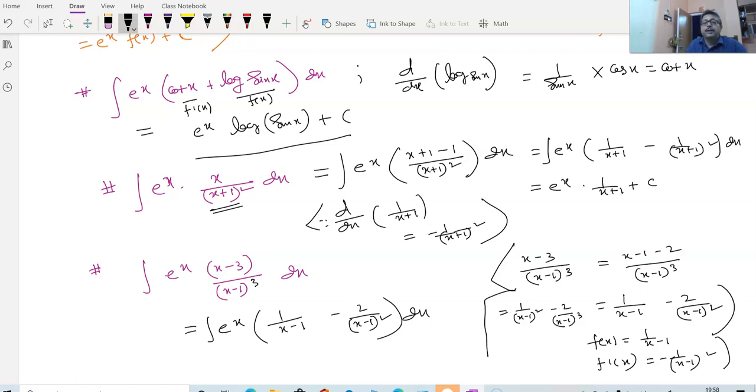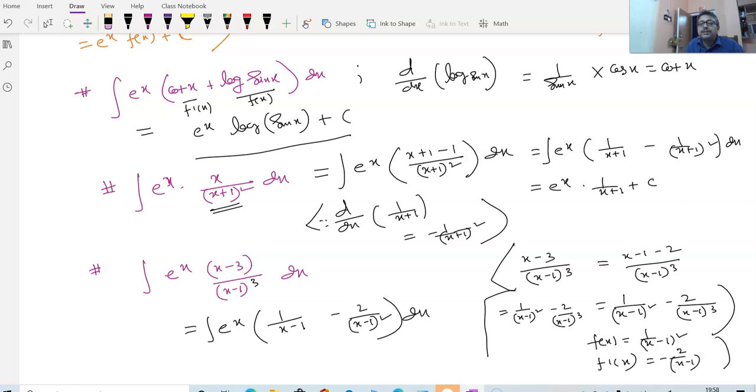Now you can see easily that if I have taken f(x) as 1 by (x minus 1) whole square, then its derivative is minus 2 (x minus 1) to the power minus 2 minus 1.